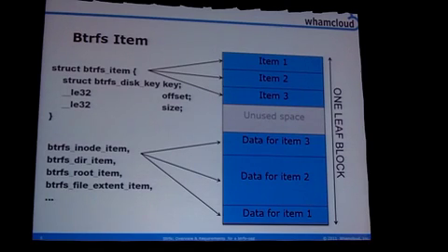It works like this: you have a stub at the beginning of the leaf block, which is the item, and tells you an offset and a size. Then it points to the end of the block where you can find the core content of the item. So the end result is that you can have a leaf block with an inode sitting next to an extended attribute, which can have a different size, sitting next to a directory entry and then another inode. That's very space efficient and very different from traditional file systems.